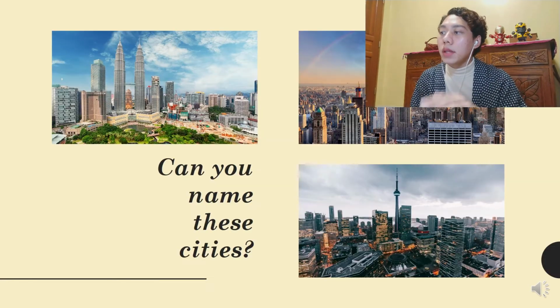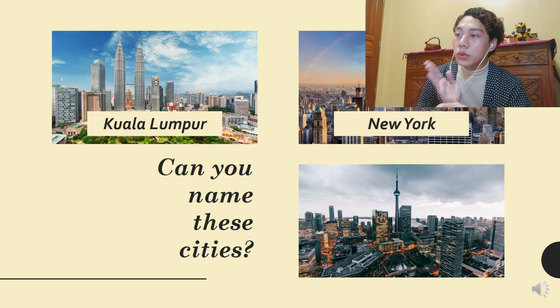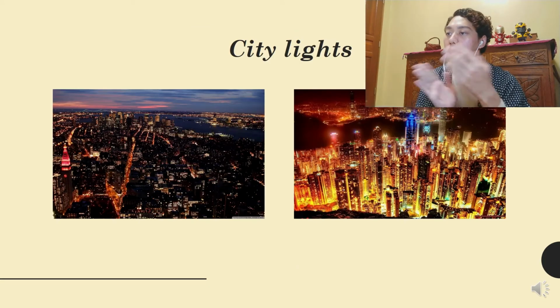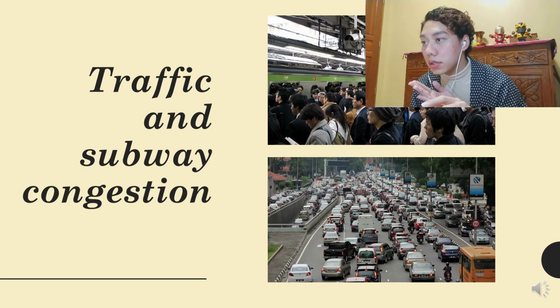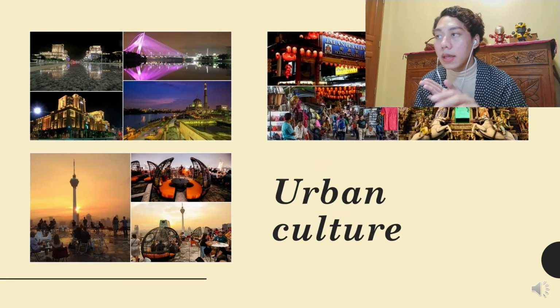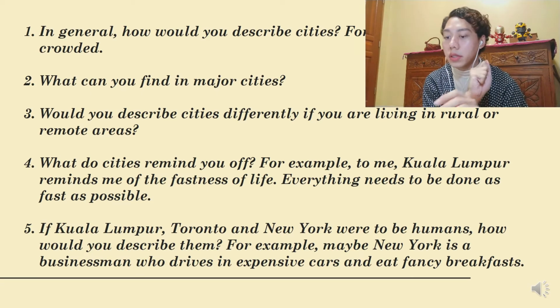Yeah. And teacher will ask, can you name these cities? Is that Kuala Lumpur, New York, Toronto? Then pictures of city lights, traffic and subway congestion, and urban culture. And then teacher will move on to giving them the 5 prompts that we've mentioned earlier. Yep.